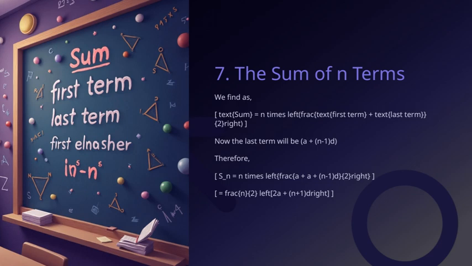Now, the last term in the sequence, which we often denote as l, is given by a plus n minus 1 times d. Recognizing this helps us understand how the sequence progresses and how to find the last term directly. Finally, the general formula for the sum, often called the sum of an arithmetic series, is expressed as the number of terms, n, multiplied by the average of the first and last terms.